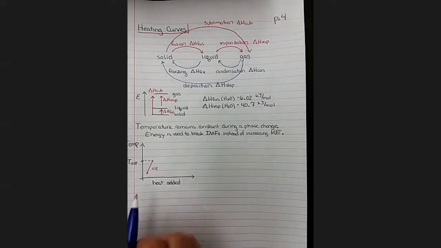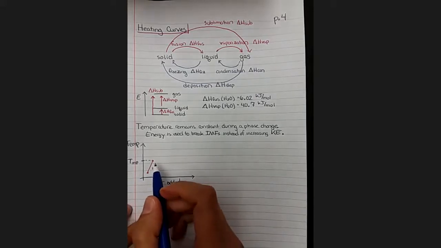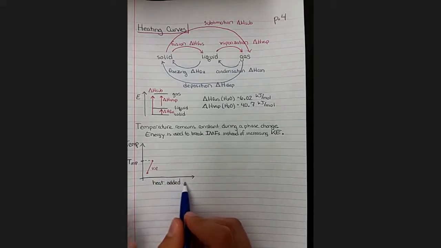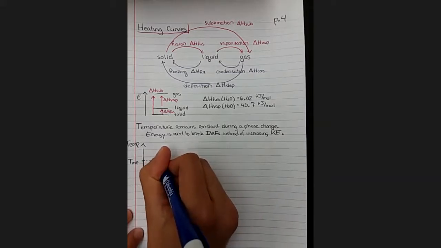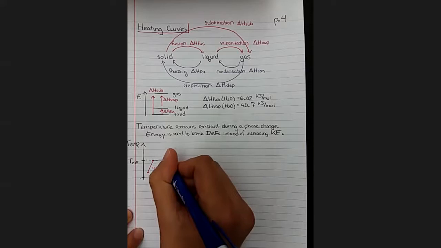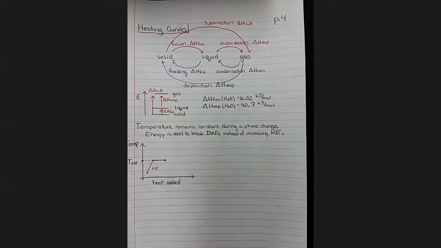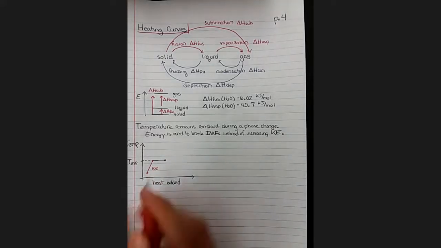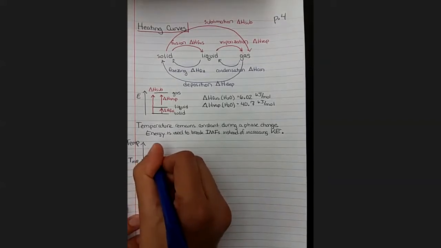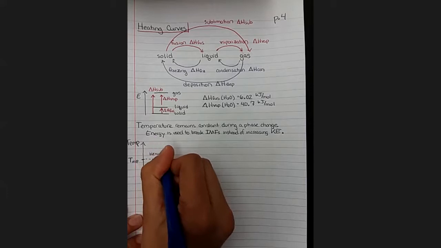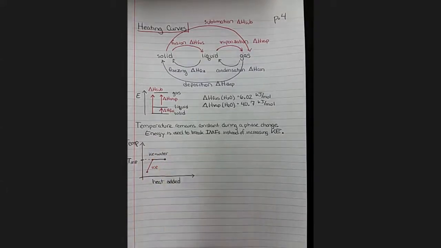And then once we have enough heat to reach that melting point, even though we're continuing to add heat to the system, the temperature is not going to change. The heat is going to go into the transition from a solid to a liquid. So here, at this part of the graph, we're going to have ice and we're going to have water while that transition is happening.